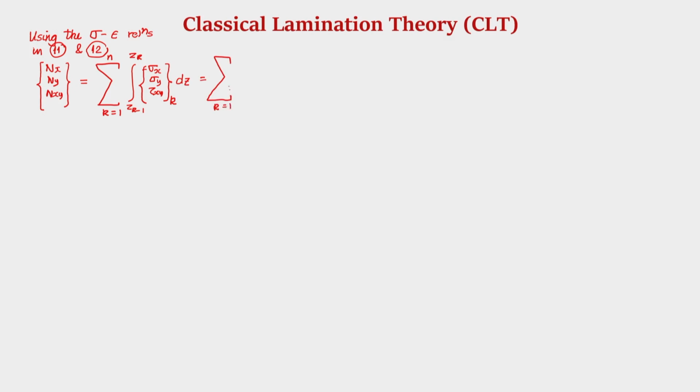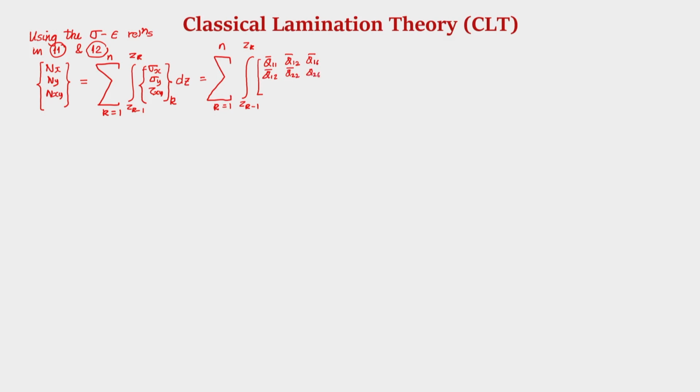k is equal to 1 to n, integration z k minus 1 to z k. So, this could be written as Q11 bar, Q12 bar, Q16 bar, Q12 bar, Q22 bar.